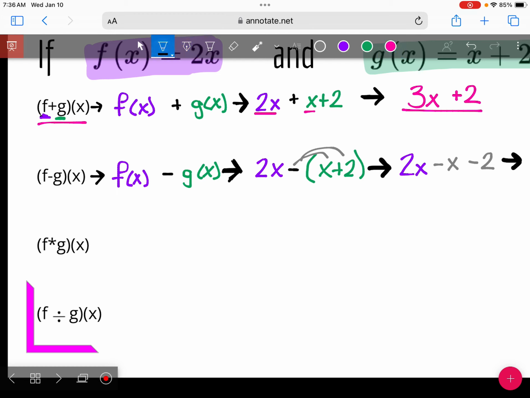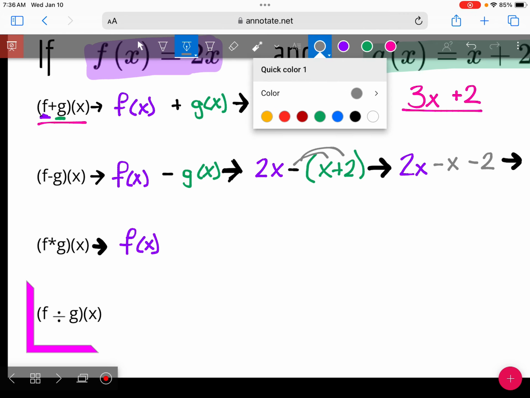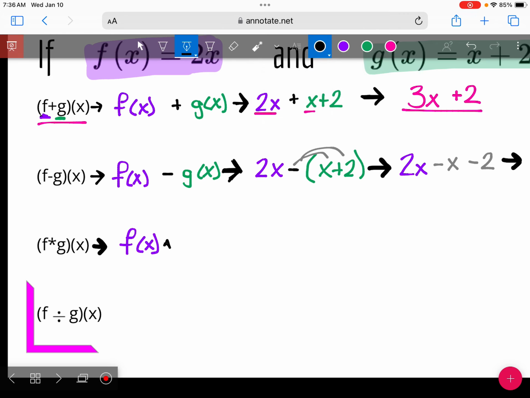So when we look down here at our multiplication stuff, f times g of x, we're going to take f of x times, I'm going to draw a little star for times, g of x. This time I'm going to put both functions in parentheses when we write it down.